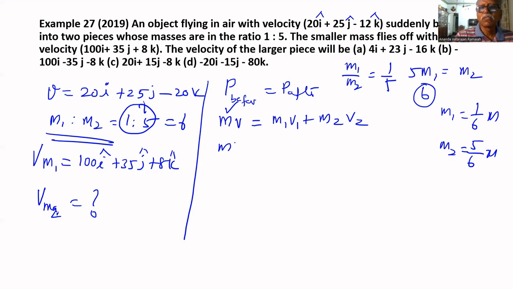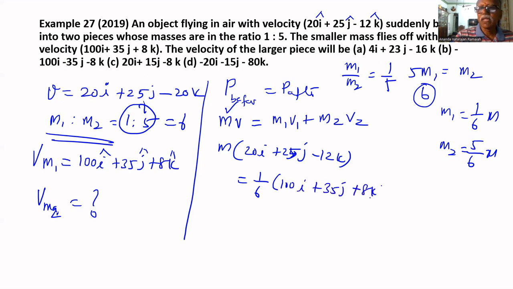So we can substitute all this. Here the velocity is 20I plus 25J minus 12K equals M1, 1 by 6 times V1, where V1 is given as 100I plus 35J plus 8K, plus M2, 5 by 6 M times V2, which we have to find.